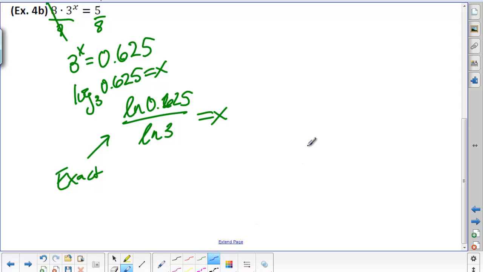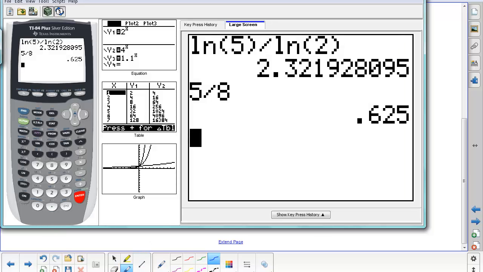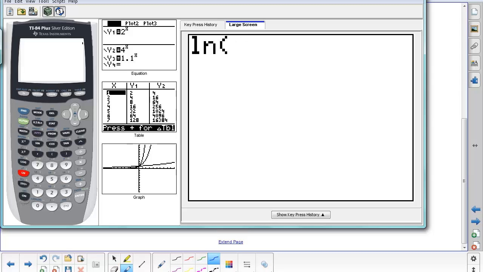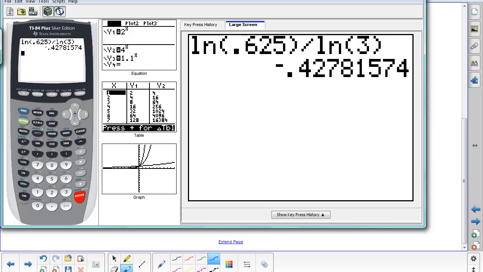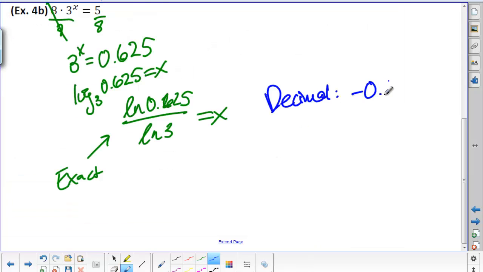And then for the decimal, we just work that out. What's natural log 0.625, divided by, make sure you close your parentheses, natural log 3, negative 0.428. So there's our decimal value.